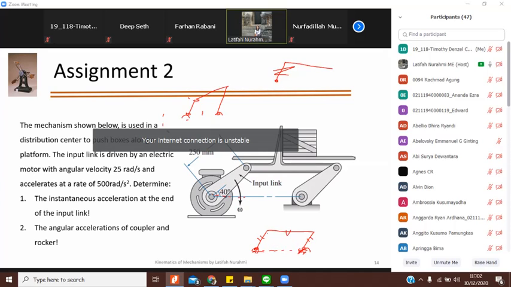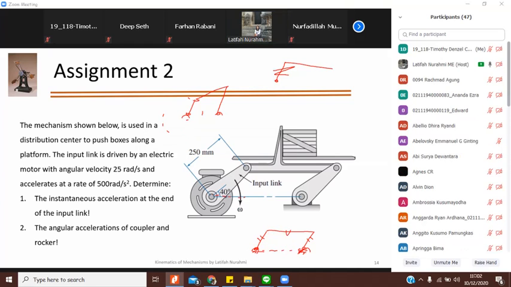So if you have the same length of link, the input and the output, the omega will be the same. Let me call it omega 1 and omega 2. So omega 1 will be the same as omega 2. Alpha 1 will be the same as alpha 2, and so on. Even the theta will be the same.